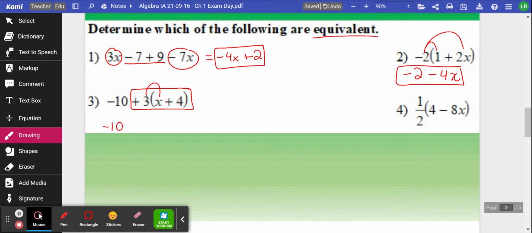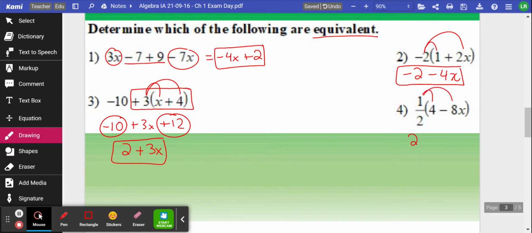And we have 3 times x is 3x. 3 times 4 is 12. And we look for our like terms. Negative 10 plus 12 is positive 2. There's that answer. And our last one here, multiplying by a half. So half of 4 is 2. Half of negative 8x is negative 4x.